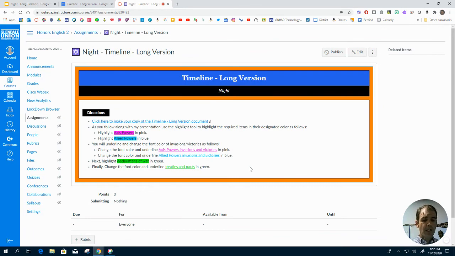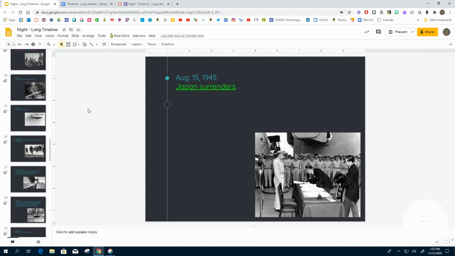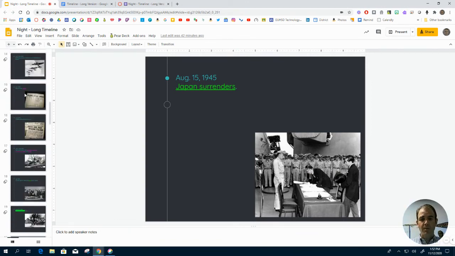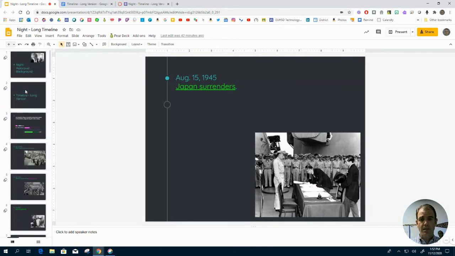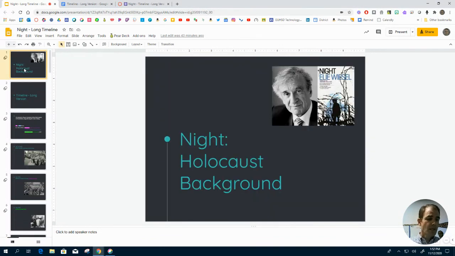Once you've done that, you are going to post this assignment to Canvas. So you're going to post your document back to Canvas with those highlighted changes. Take a moment to look at your timeline, scroll through it, and see where the colors start to change.